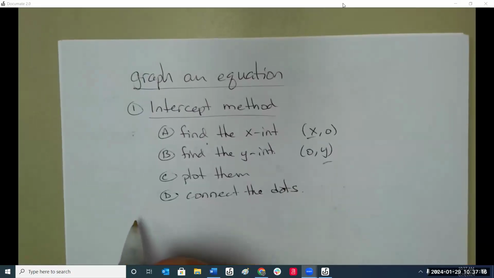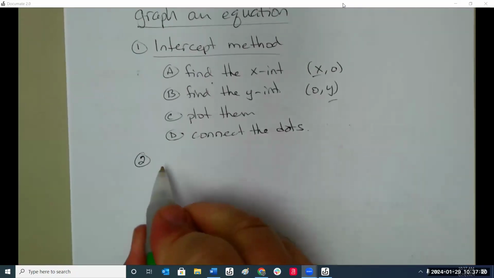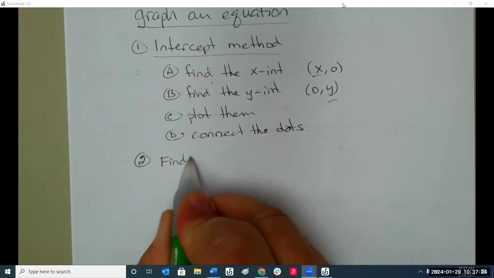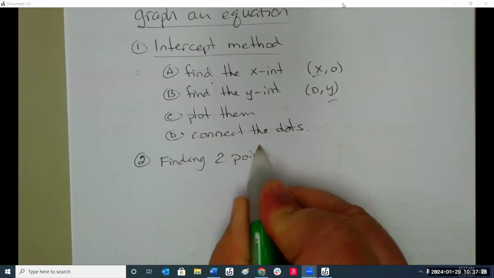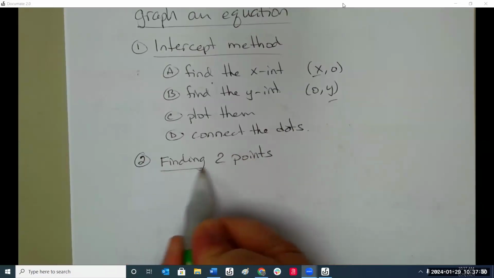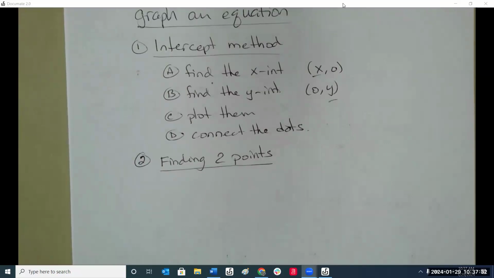Okay, so let's look at another method. Finding 2 points.